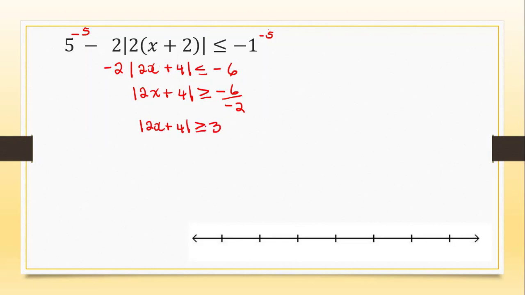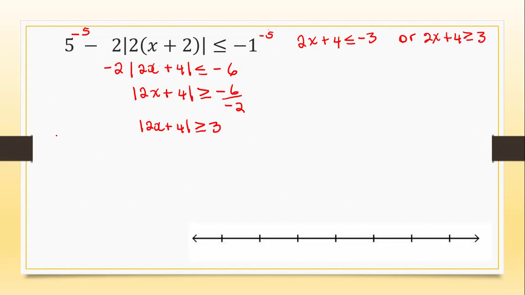Now, when we have greater than or equal to +3, we now end up with either 2x plus 4 is less than or equal to -3, or 2x plus 4 is greater than or equal to +3.